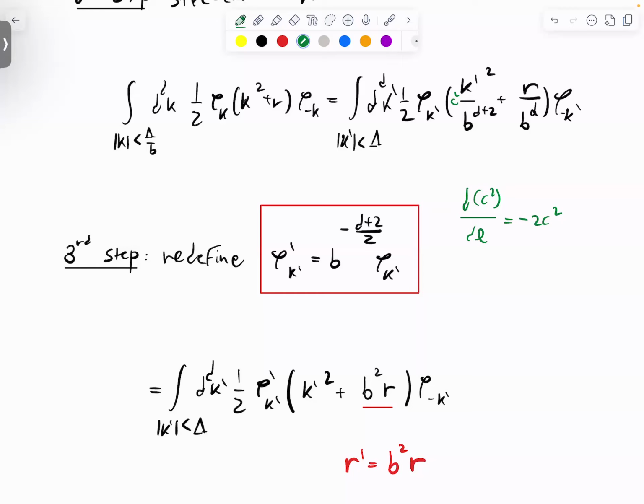But once I chose that fixed point, then this redefinition. So I could choose this to be my fixed point or this part to be my fixed point. But once I chose one of them, I redefine the fields in such a way that that part of the action stays invariant under the RG, and hence the term fixed point, right?